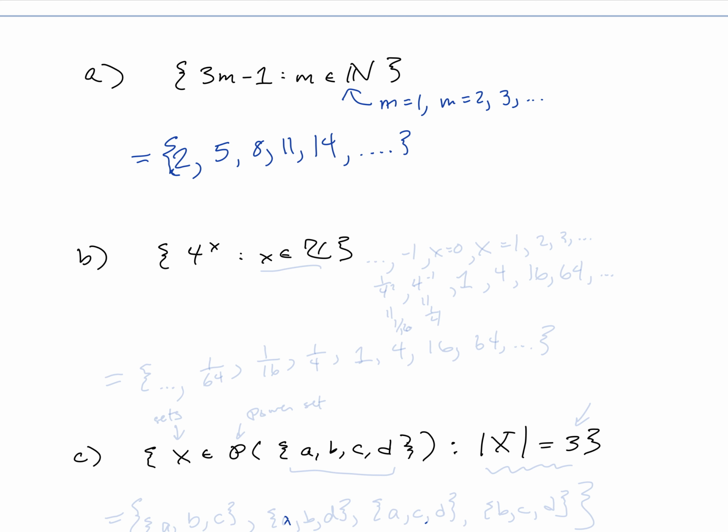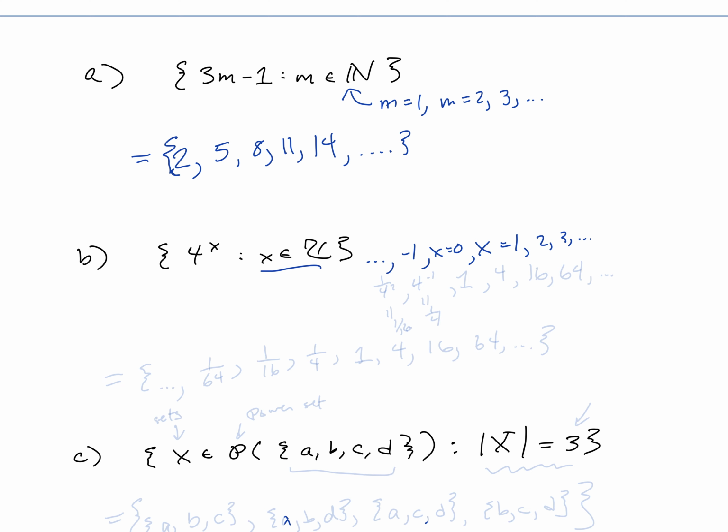How about the second set, 4 to the x, such that x is an integer? So here, x is an integer, so x can be 1, 2, 3, forever. But x can also be 0, it can also be -1, so it's positive and negative whole numbers as well as 0. So those are the values that x can take on. Now what about 4 to the x?